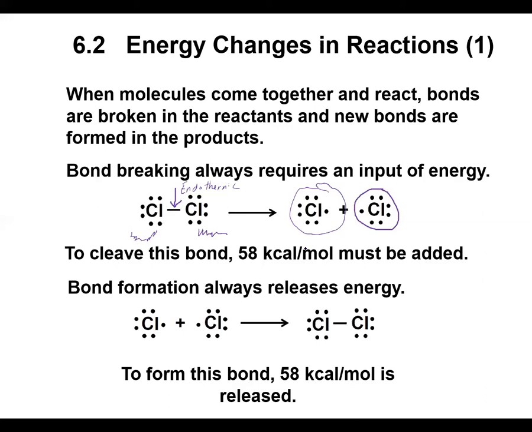Double bond, a little bit harder, and triple bond would be more energy. And we would have to put 58 kilocalories per mole here. And usually when things are endothermic, it is signified by a positive value. So sometimes people will say this would be positive 58 kilocalories to break this bond.